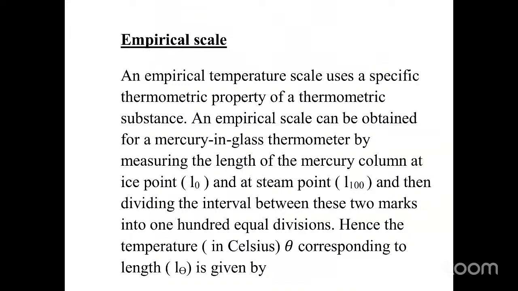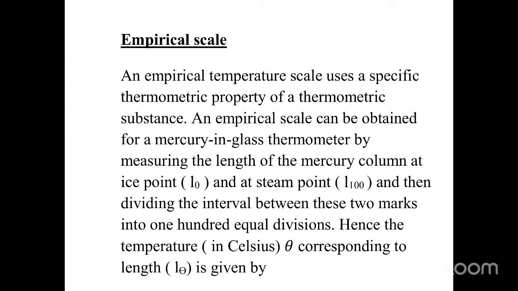An empirical temperature scale uses a specific thermometric property of a thermometric substance. An empirical scale can be obtained for a mercury-in-glass thermometer by measuring the length of the column at the ice point and at the steam point, and then dividing the interval between the two into 100 equal divisions.